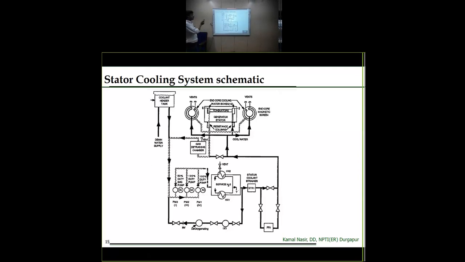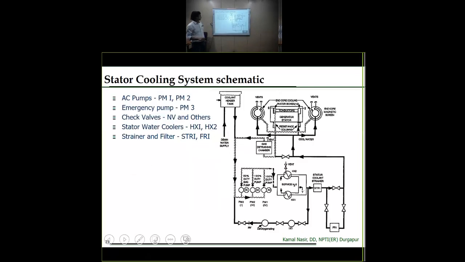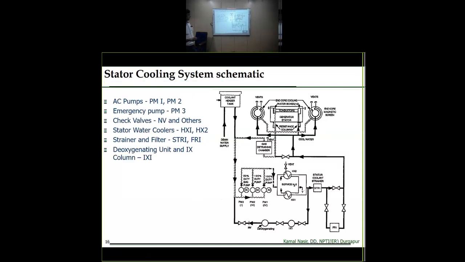Hydrogen is used to cool the rotor, and the stator is cooled by this water system in a high capacity generator. If the capacity or size of the generator is less, this system may not exist. All the parts I have tried to list here, what they represent. You go through it and it will be clear.